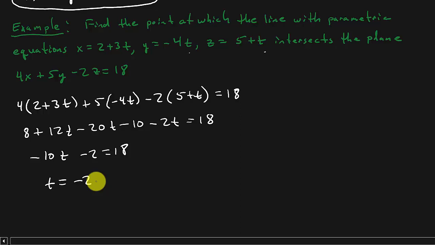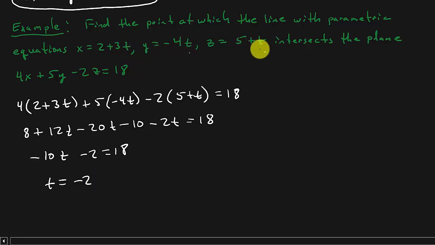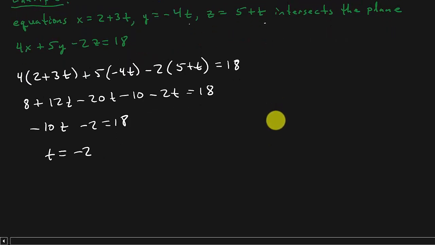Okay. So what did that do? Did that give us the point? No, that didn't give us the point. That gave us t. That told us what t is. Now, to get the point, we've got x is equal to 2 plus 3 times negative 2. We're taking the negative 2 and plugging it in for t. And then we're going to do the same thing for y, that's negative 4 times negative 2.